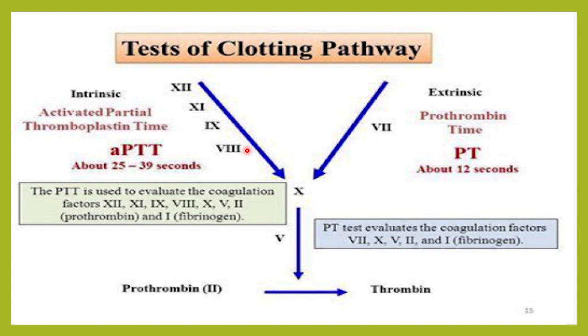So I hope it is clear why we are using APTT to monitor the heparin activity, because heparin acts by activating antithrombin 3, and by inhibiting thrombin and factor 10.